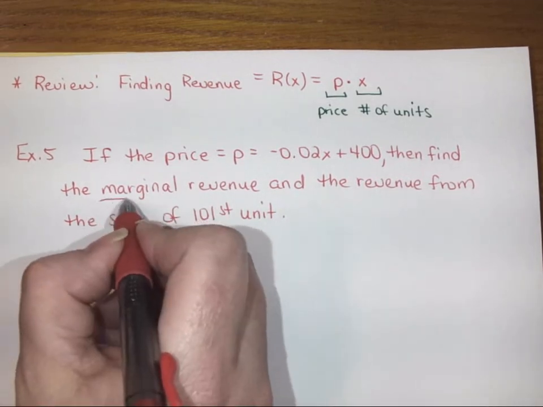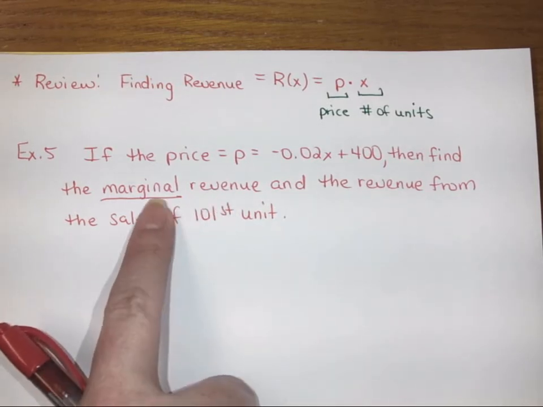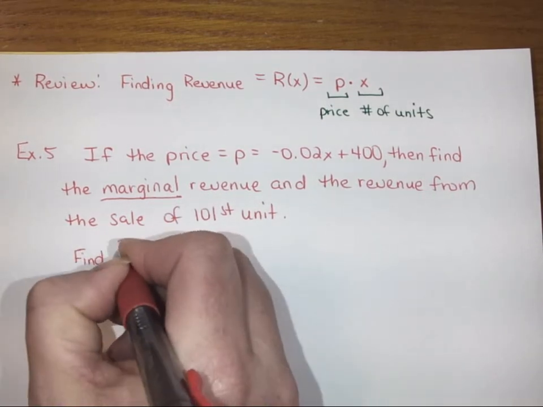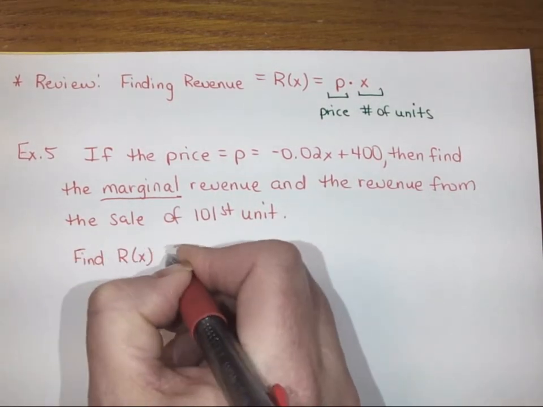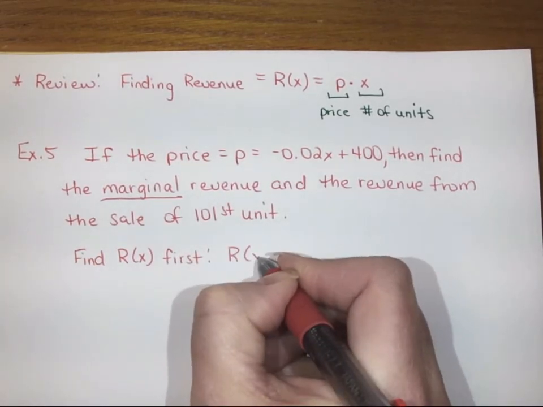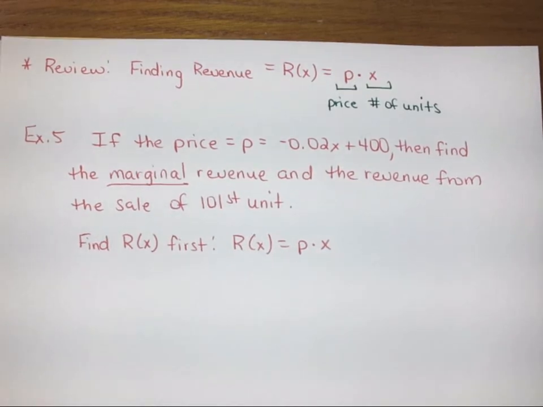So the first thing is I asked you to find marginal revenue. Okay, so normally speaking, you would probably tell yourself, well, hey, I need to find the derivative. But I don't even have the revenue equation, right? So first, before I can begin, I'm going to have to find the revenue equation before I can take the derivative of that. So first, I'm going to use my equation that I just reviewed with you. I have to take price times quantity in order to find revenue.